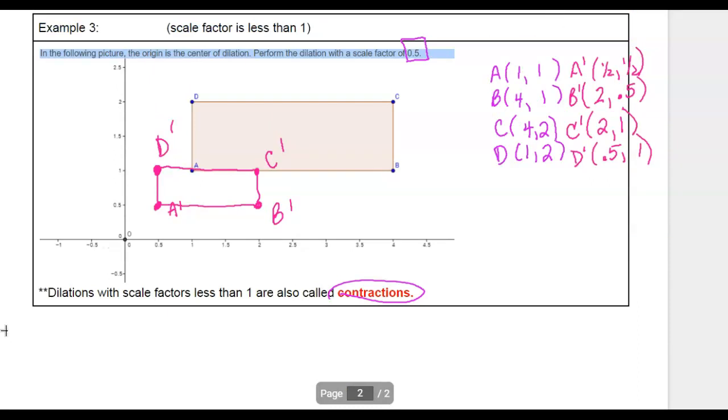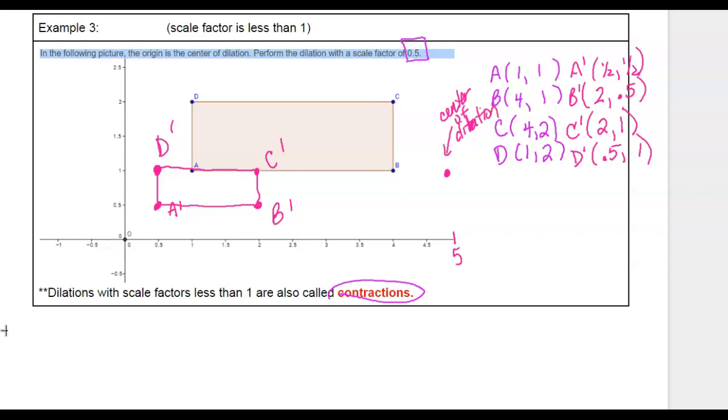All right, so let's say, I'm going to add in an example. What if I wanted this same thing, but I wanted to rotate about the point, let's make it 5, 1. So now I want this to be my center of dilation.